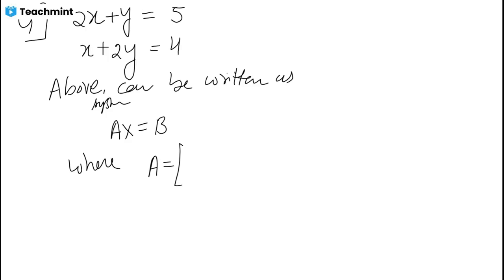We can't see any coefficient for y, so just take 1, because y can be written as 1 into y. So the coefficient of x is 2, coefficient of y is 1 in the first equation, and the coefficient of x is 1 here and here too.